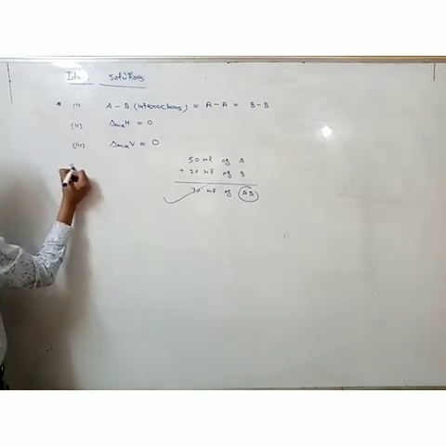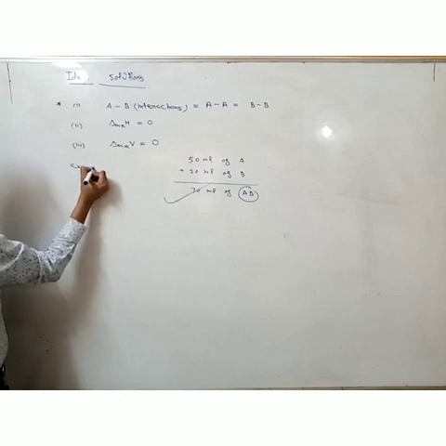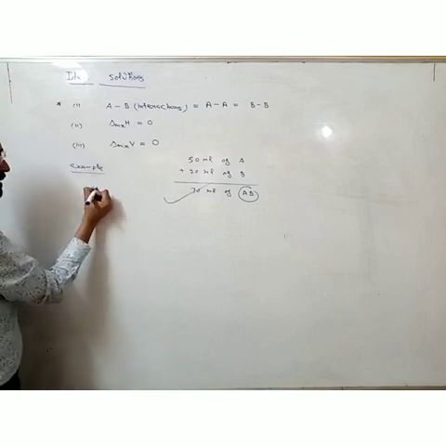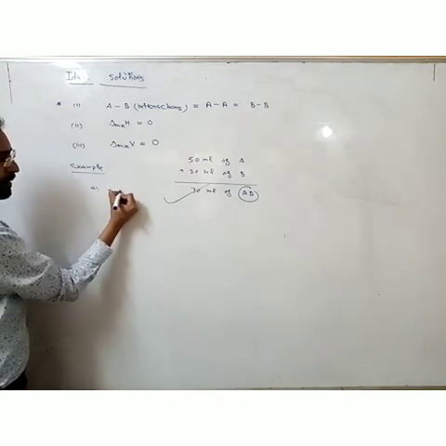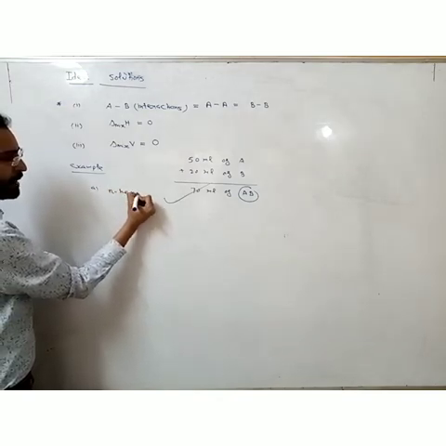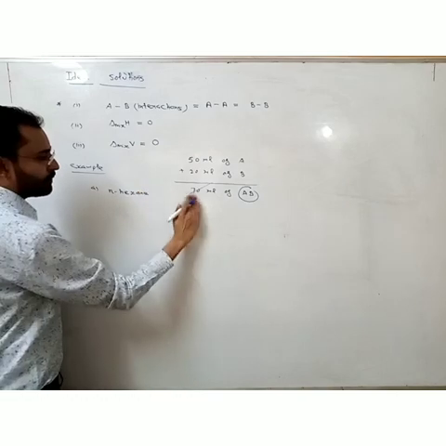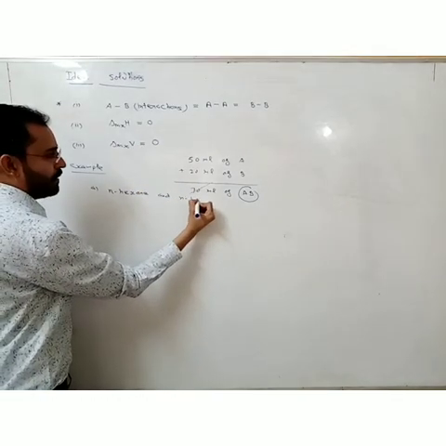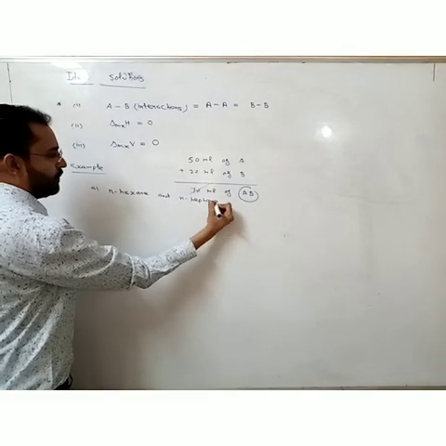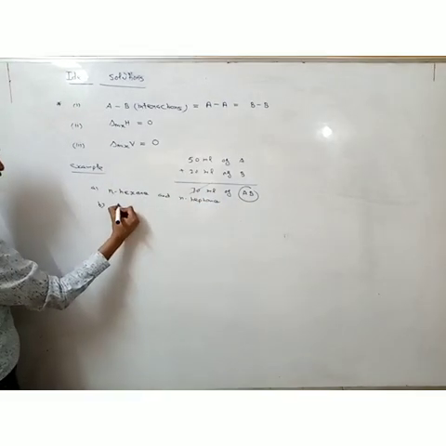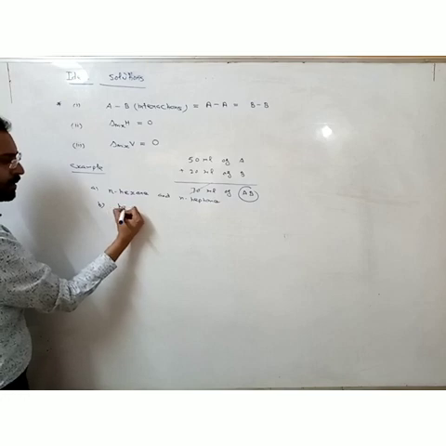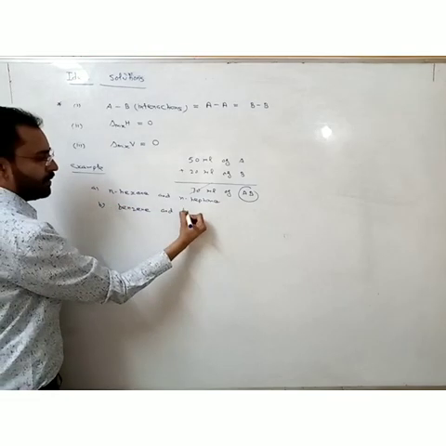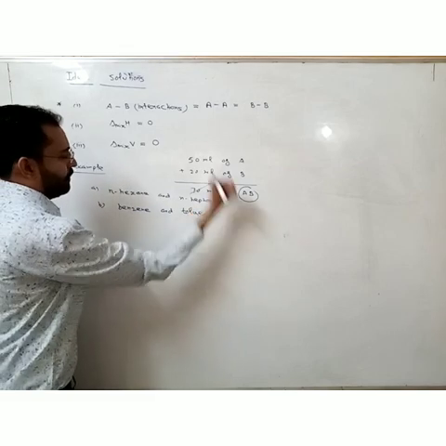Fourth is examples. Examples of ideal solutions are a solution of n-hexane and n-heptane, and a solution of benzene and toluene.